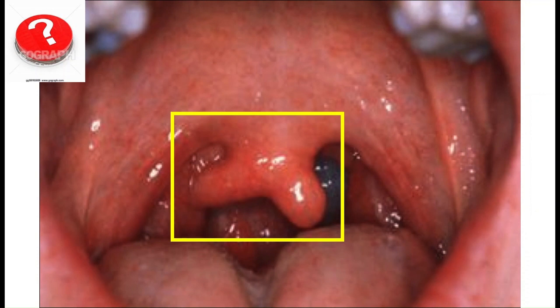What is the story here? The story here is, by going back to the basics, that the soft palate is made of two halves, a right and a left one, and they join, and when the process of joining is completed 100%, the uvula is a single structure.